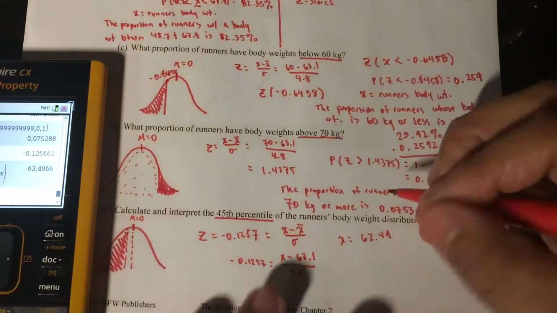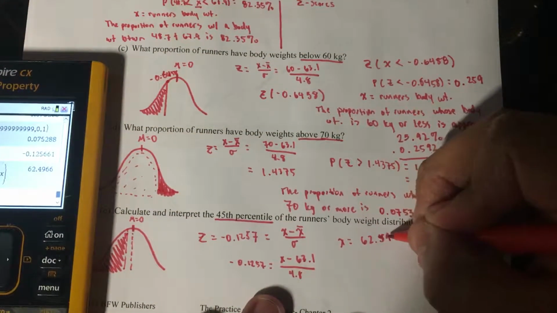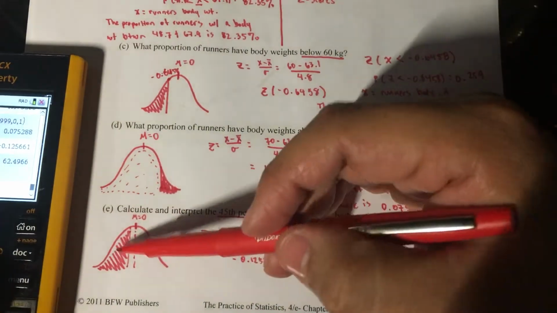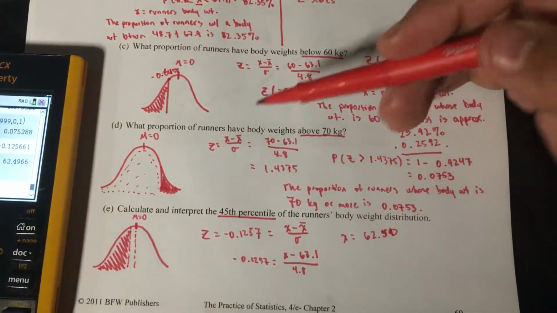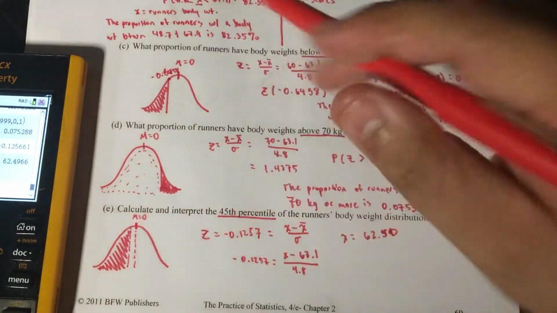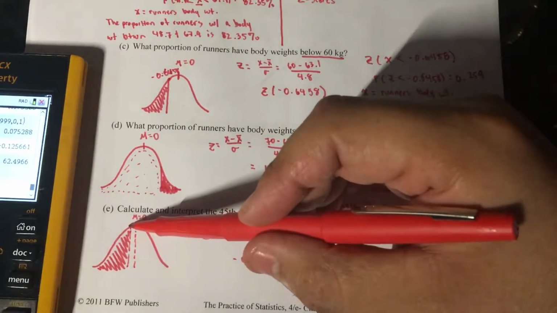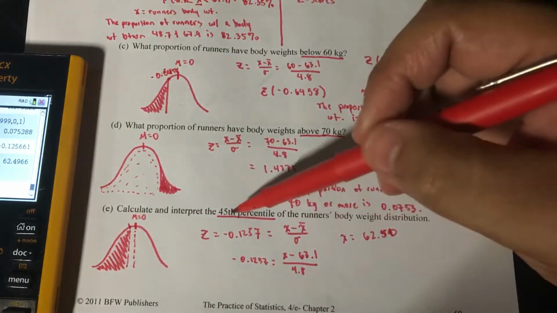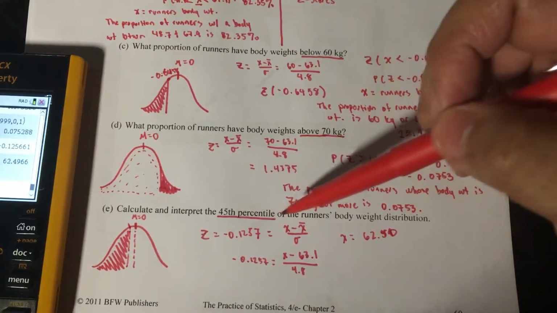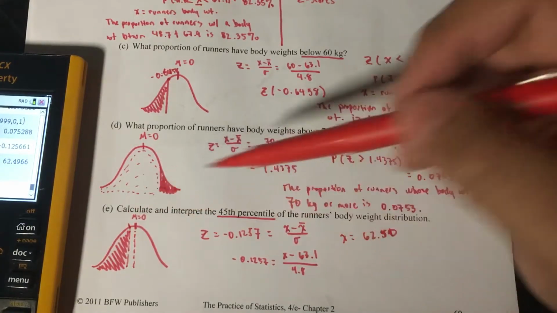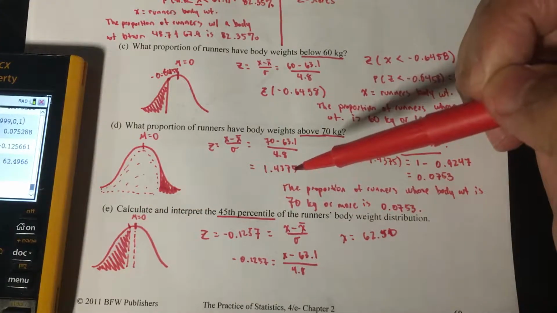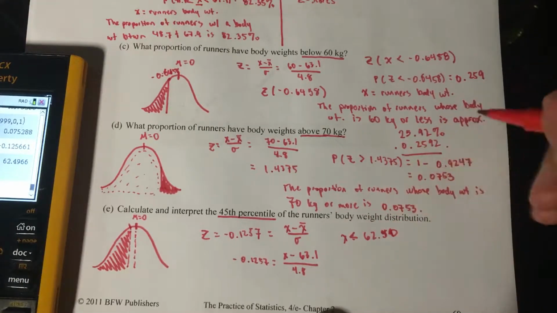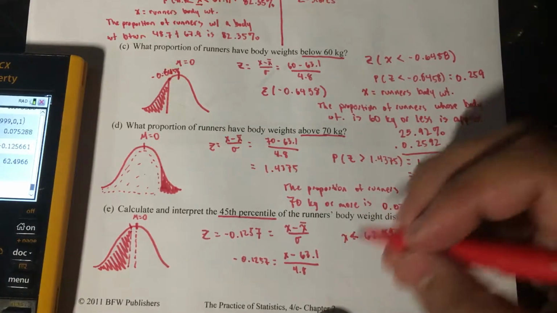Well, I guess I can say 62.5. Again, if you just say this, it's not going to be the correct answer. This is the threshold point of what this number should be. If I want to deal with the 45th percentile, that means everybody below it is part of that number. So I'm asking for when x is less than 62.5.